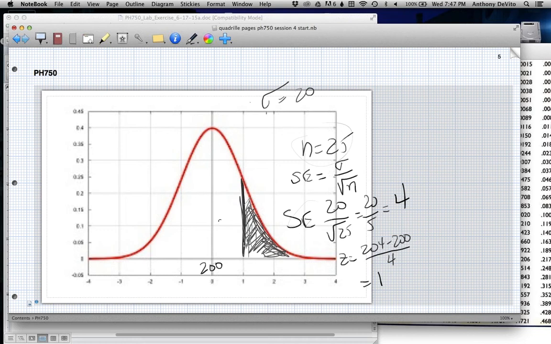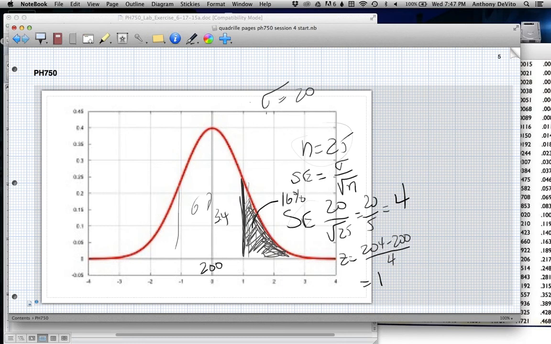We would have a different distribution for samples of 100, because the standard error, because of the square root of n, is going to be different. So what's the probability? Well, since this is one standard deviation above the mean, we know that this over here is 68 and this is 34, because it's symmetrical. So the probability we get a value above 204 is going to be about 16%.